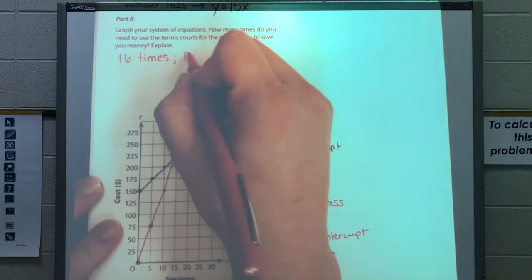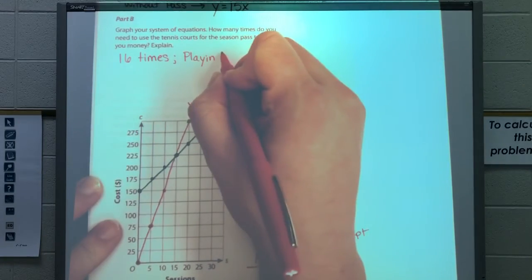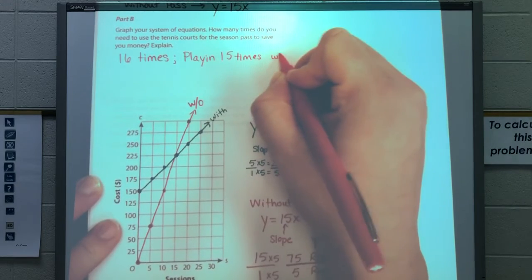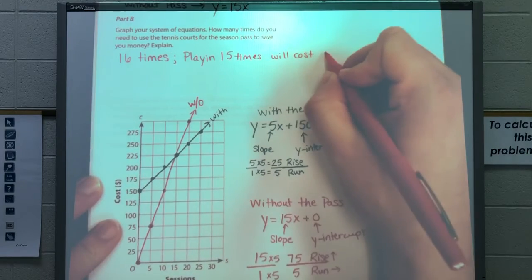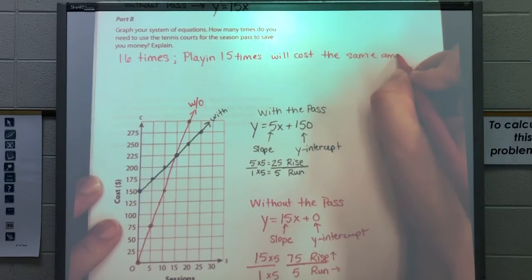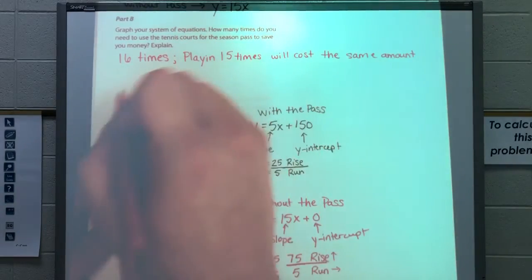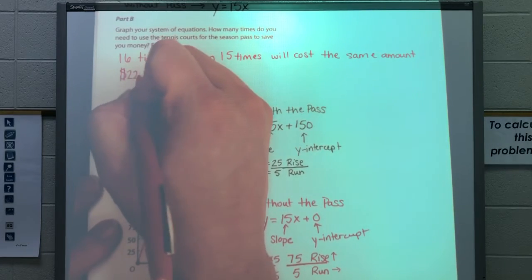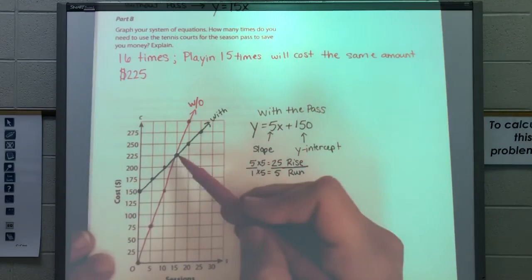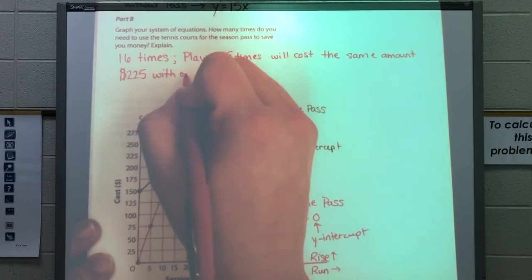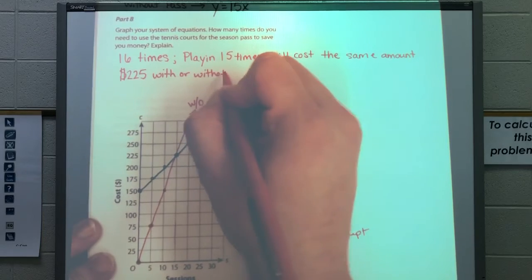I'm going to write playing 15 times will cost the same amount, which is $225. I got that just by looking at the graph. They use 15 sessions, $225. And that's with or without the pass.